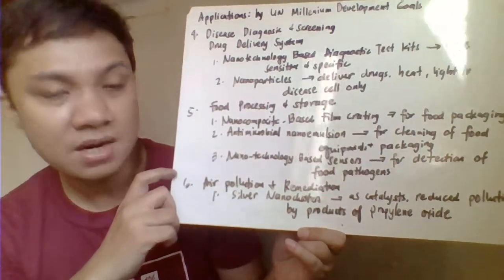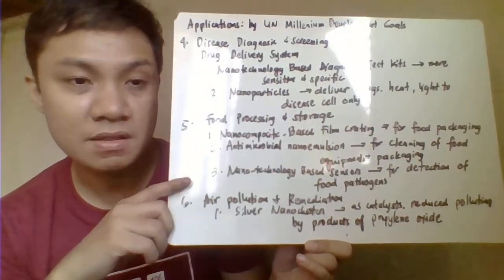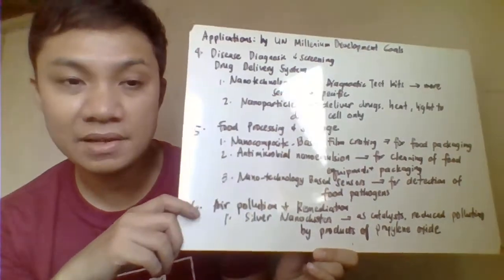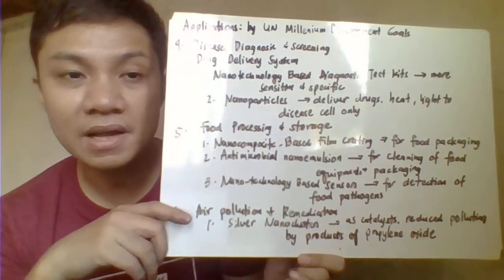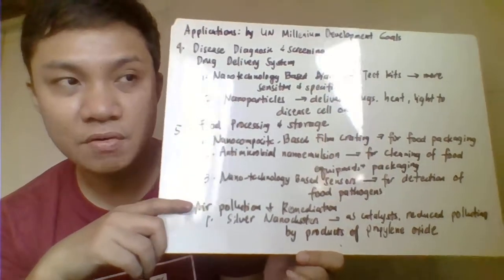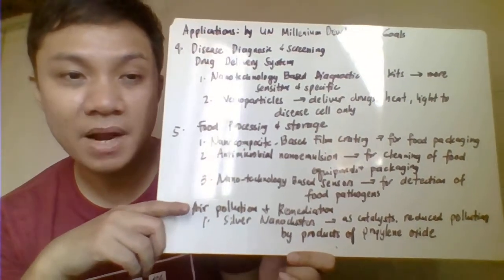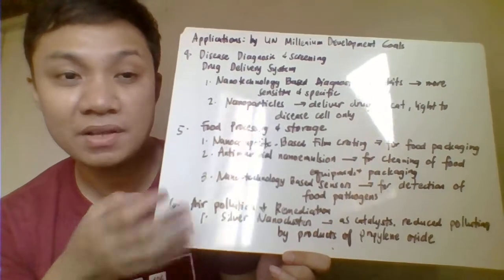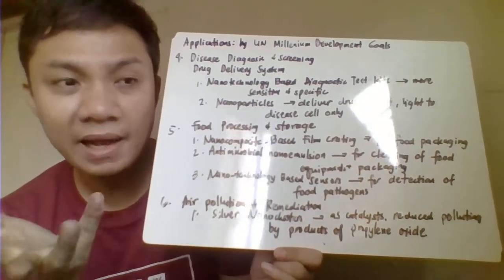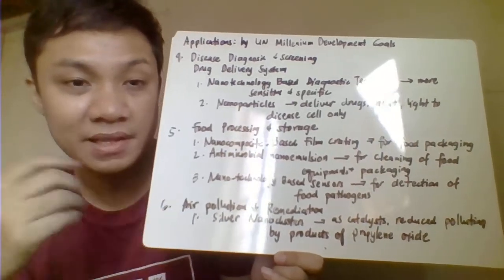Then we have, in terms of air pollution and remediation, silver nanoclusters. The silver nanoclusters serve as a catalyst that helps reduce polluting byproducts when you are manufacturing propylene oxide. So it cleans our air by removing pollutants in the air.